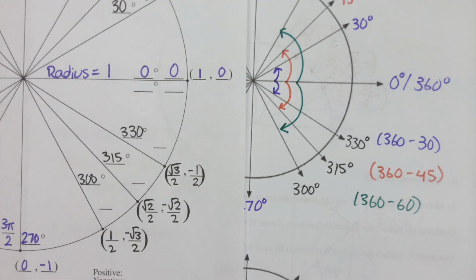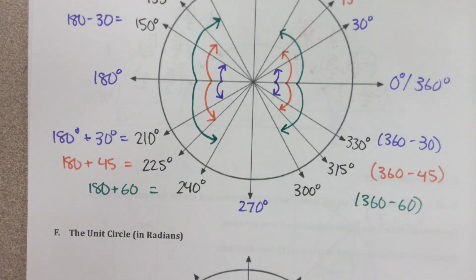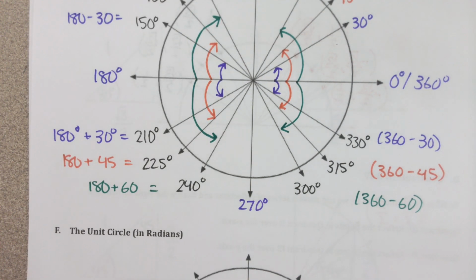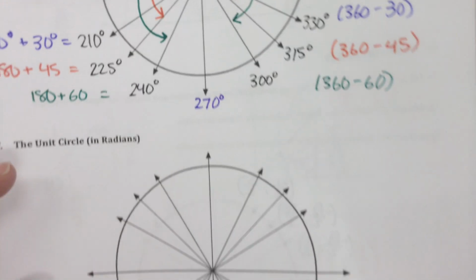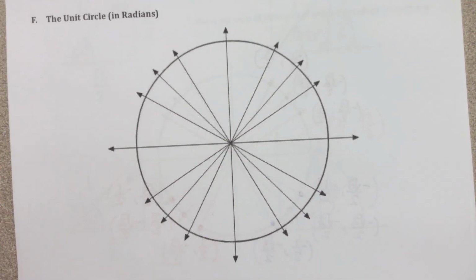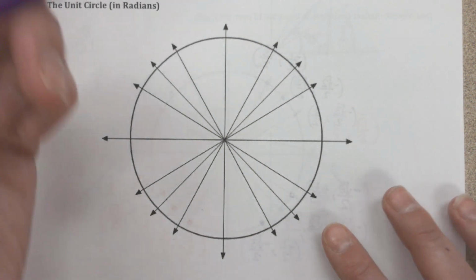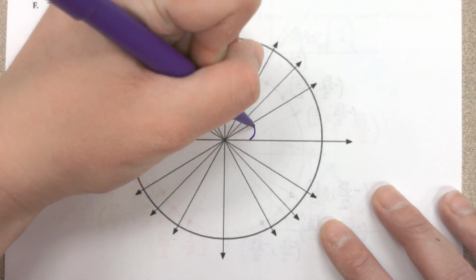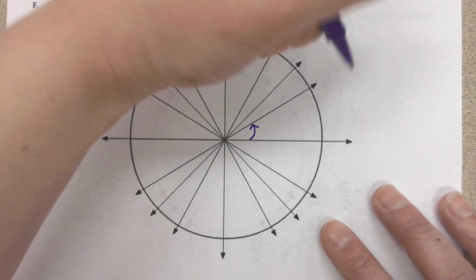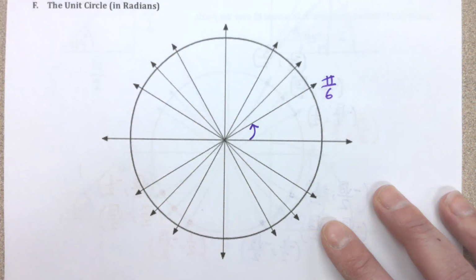We're going to repeat that, but in radians, which sounds painful, but you're going to find radians have a very distinct pattern, so those are actually very easy to memorize. Same thing. First quadrant. To the first line, that's 30 degrees, which is pi over 6.